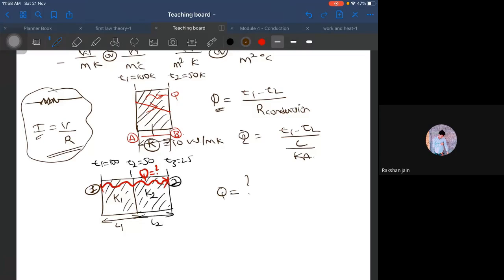First, we apply the electrical analogy to the first slab. After that, the temperature difference between T1 and T2 is taken, and that answer is compared with T3.